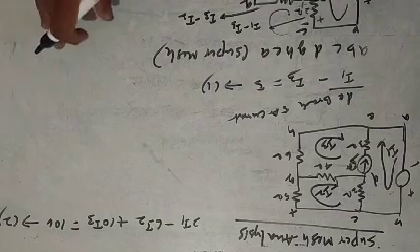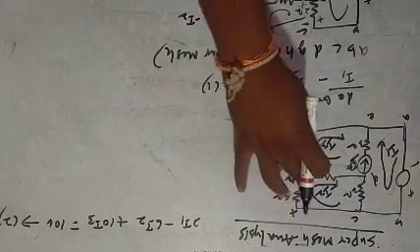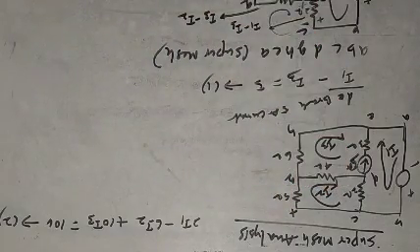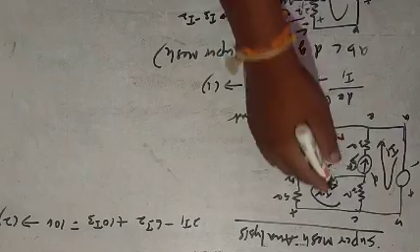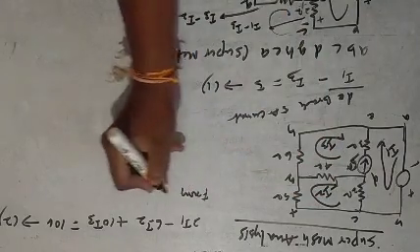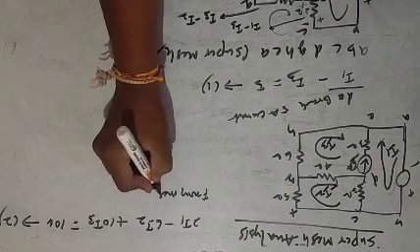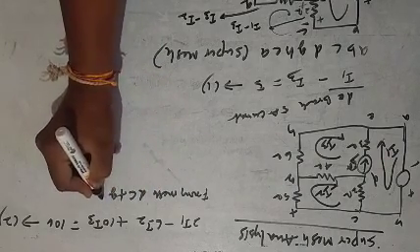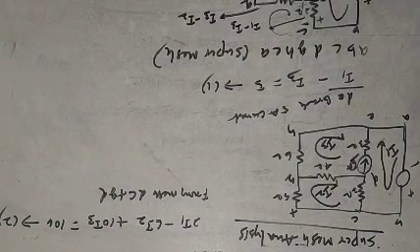And this is the loop, mesh 2. We can apply the mesh analysis for mesh 2, DCFGD.